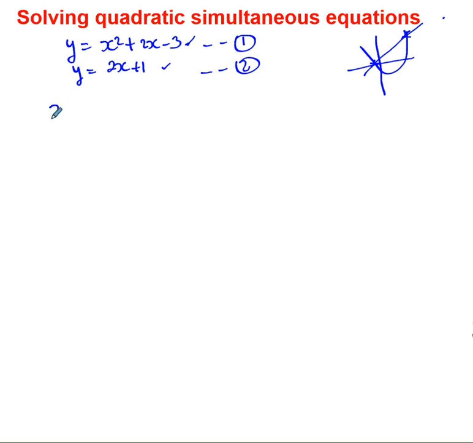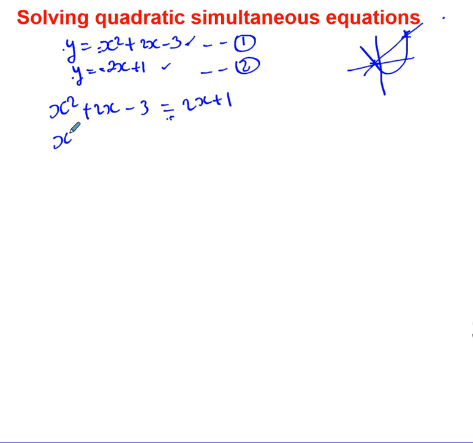Okay, so we can now say x squared plus 2x minus 3 is equal to 2x plus 1. So y and y are equal, and that's what we're doing here. Rearrange, because we can see this is a quadratic equation, to get 0 on the other side.